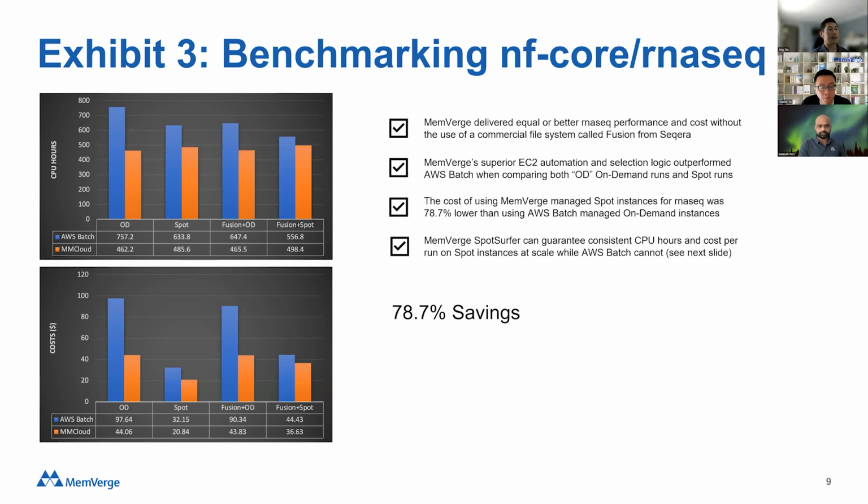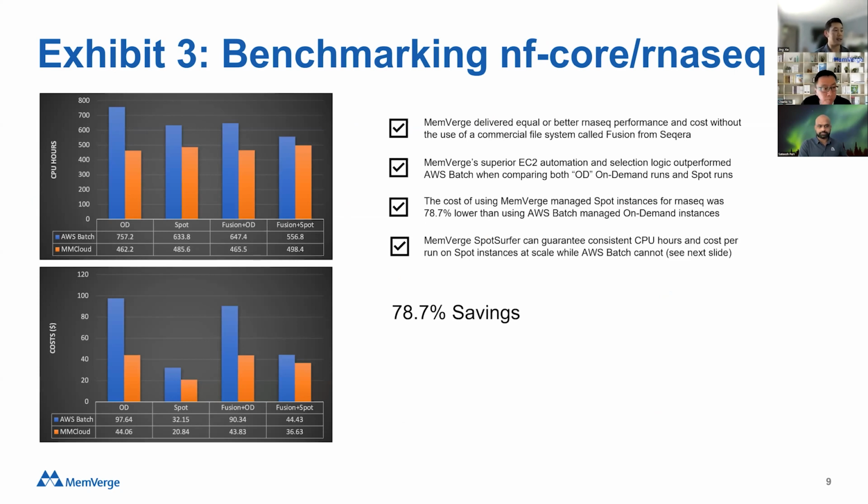I also wanted to highlight some benchmarks, because one of the other areas that the MemVerge software is used for is not just to run individual research jobs, but it can also be used to run entire pipelines. In this case, we did a benchmark on the RNA-seq nf-core pipeline.